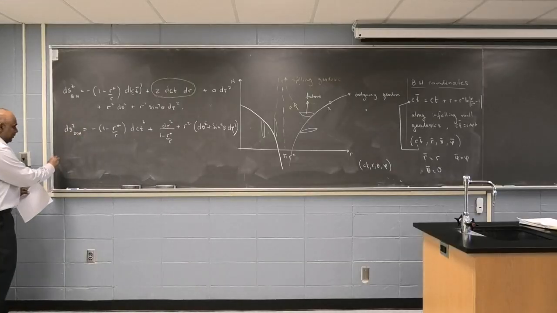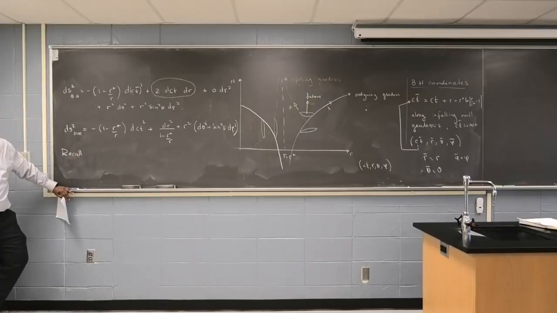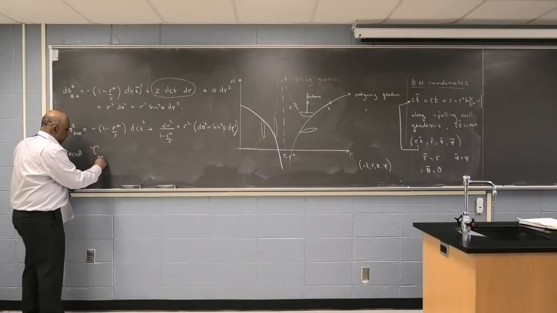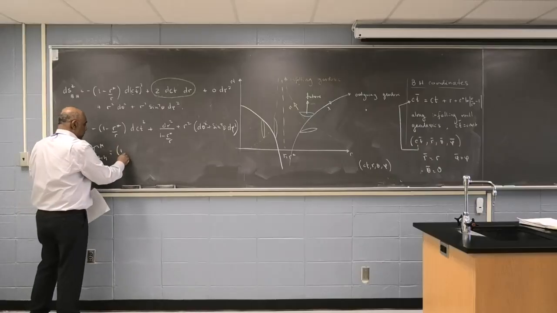So now, let's do this. Recall, we'll take everything in the Schwarzschild coordinate system and transform it into the black hole coordinate system. Maybe I'll do one or two for you and go back and forth. In the Schwarzschild coordinate system, what was the time orientation?